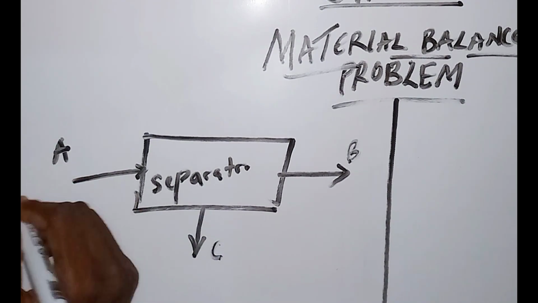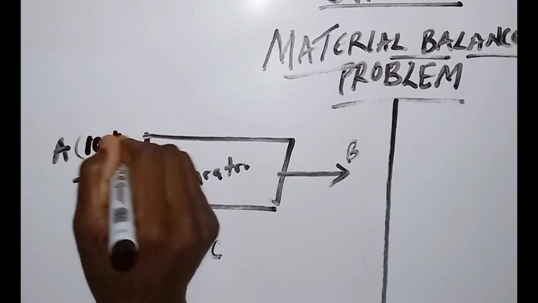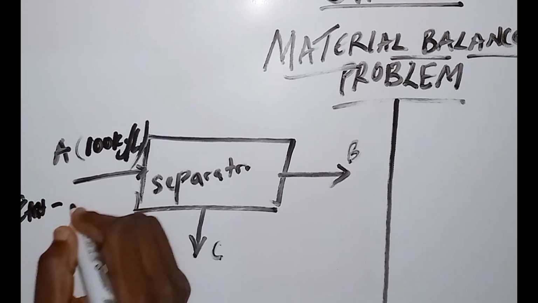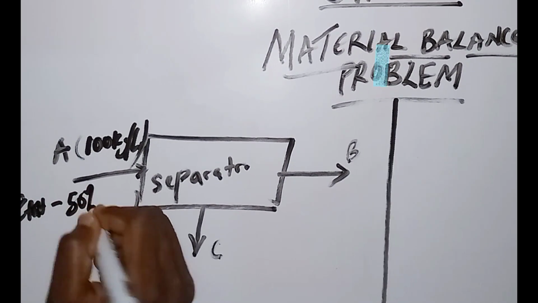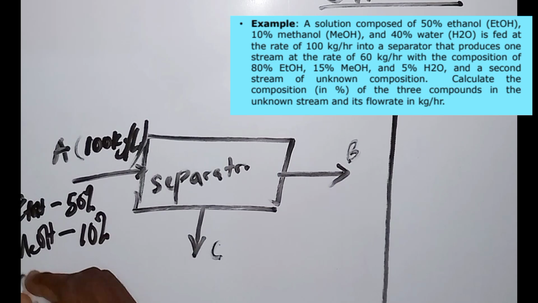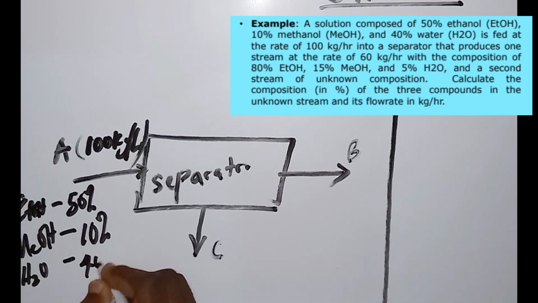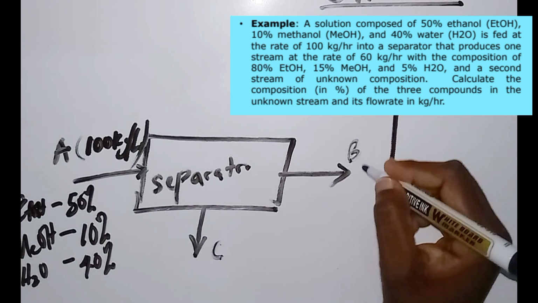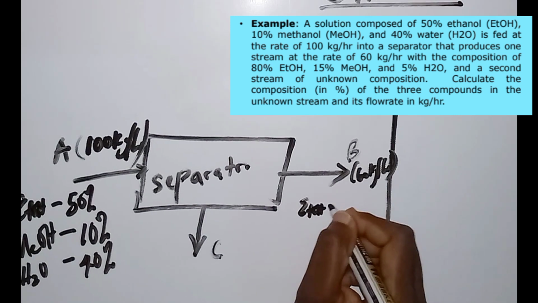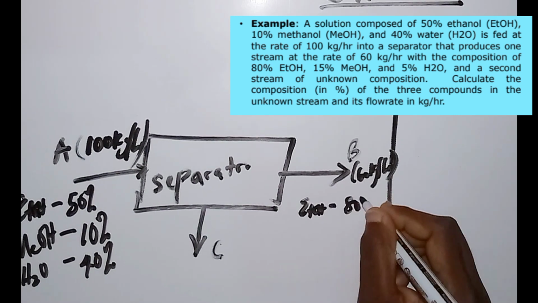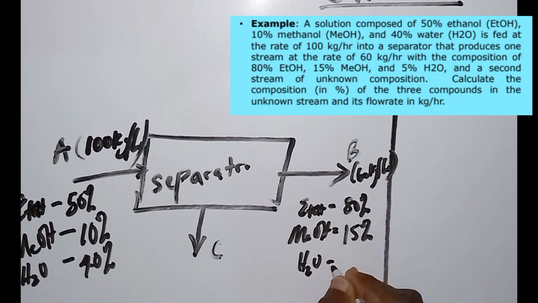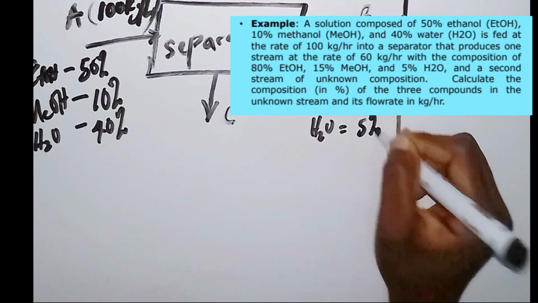So the feed, which is A, is 100 kg per hour, and it contains 50% ethanol, 10% methanol, and 40% water. B flows at the rate of 60 kg per hour with ethanol 80%, methanol 15%, and water, H2O, 5%.